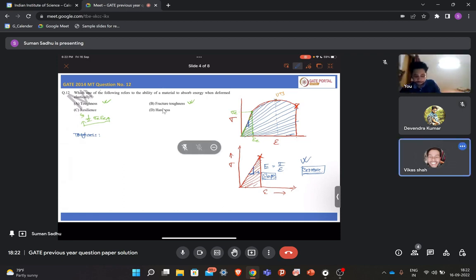Now, what is the difference between toughness and fracture toughness? What is fracture toughness? Devendra, do you want to answer? No, sir. Fracture toughness, anything in your mind? What is toughness? Now you know. But what is fracture toughness?